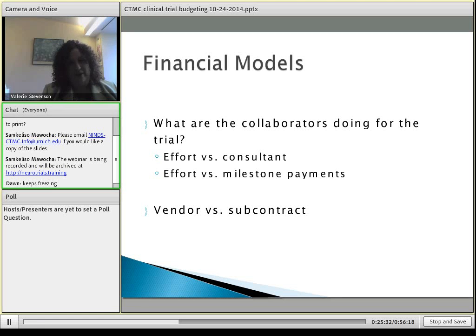If the answer is no, then it may be appropriate to pay them milestone payments versus providing a subcontract. And again, there are advantages to providing milestone payments, and we'll talk about those a little bit more, depending on what they're doing for your study. And what I've just shared is the vendor versus a subcontract: you can be an investigator and still be a vendor. You don't always have to have a subcontract instrument.